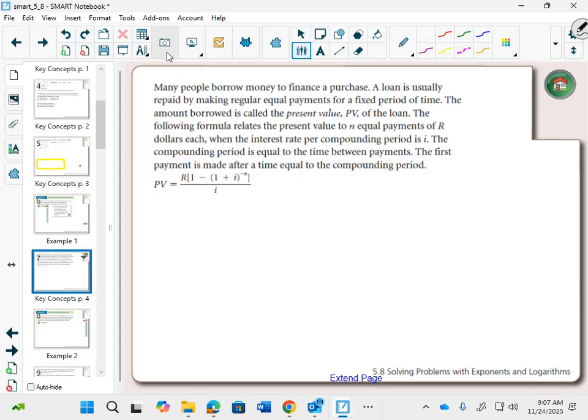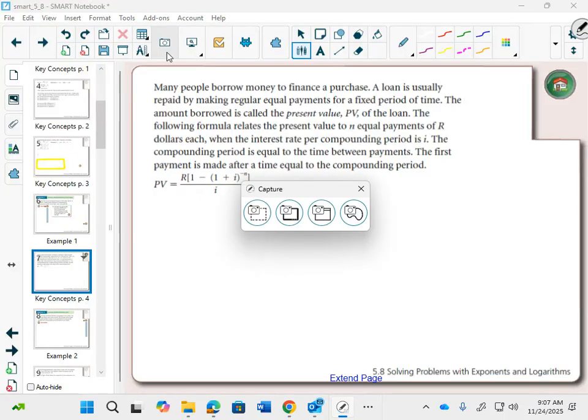Picture of this formula? Maybe. If that button worked. There it is.